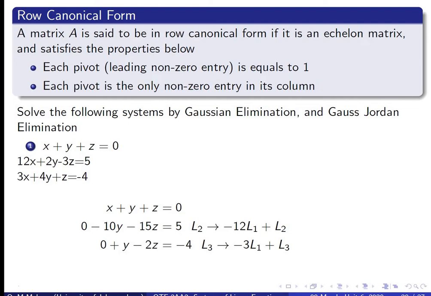Each pivot, that is a leading non-zero entry, is equal to 1, and each pivot is the only non-zero entry in its column, which means it looks more like an identity matrix. So row canonical form is an additional property of an echelon matrix.